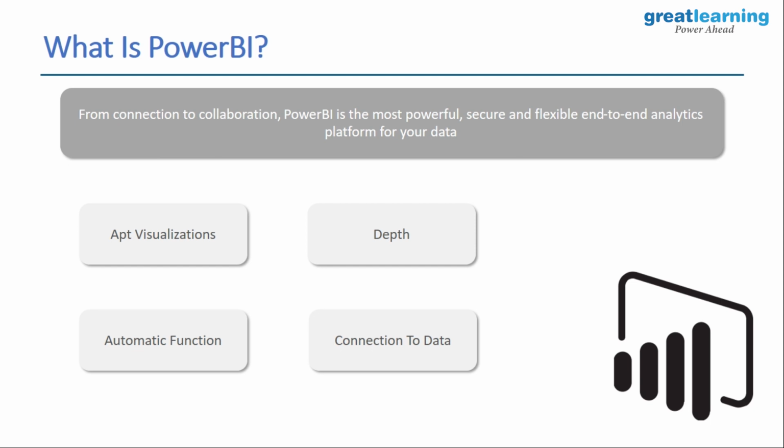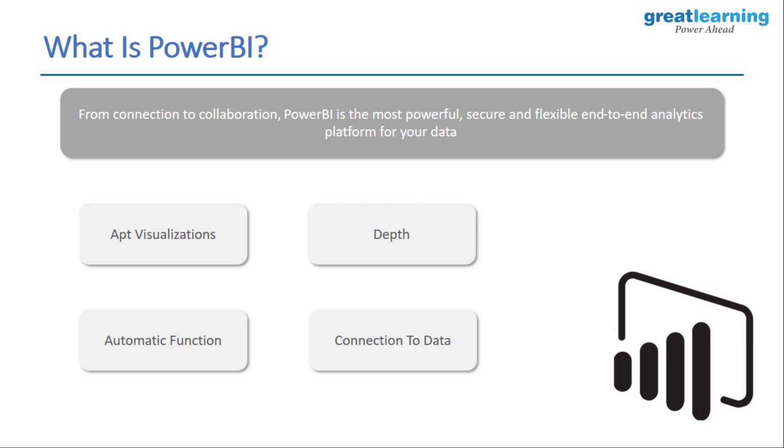Then you have something called automatic functions. Now, what are automatic functions? Automatic functions are nothing but the ease with which you can go ahead and create visualizations, where Power BI supports you by giving you ample and good suggestions for your data.